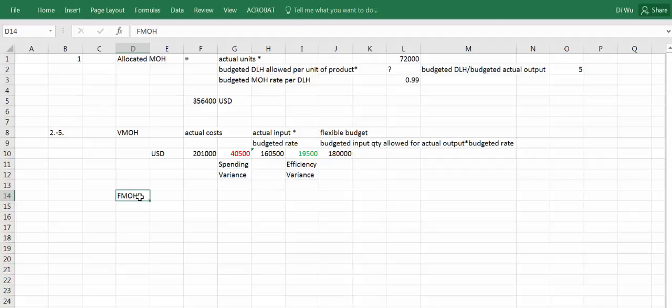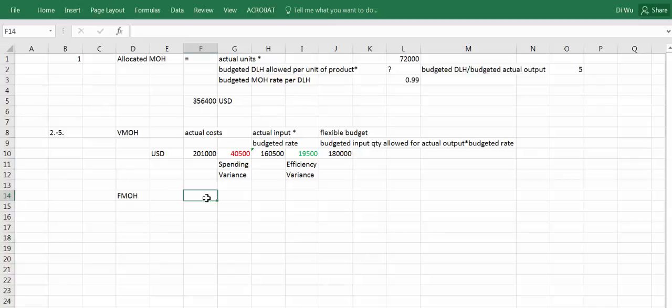So it's out of your control, totally independent, and does not rely on your productivity, efficiency, or price. It's just objectively there, and you have to respect it. Therefore, efficiency variance is never used in the fixed manufacturing overhead. But we do have a spending variance there, and we do have production volume variance. As I said, production volume variance has no real meaning in the fixed manufacturing overhead.